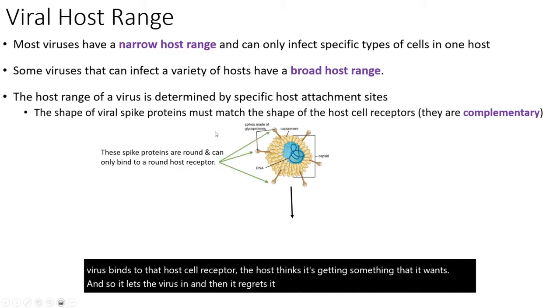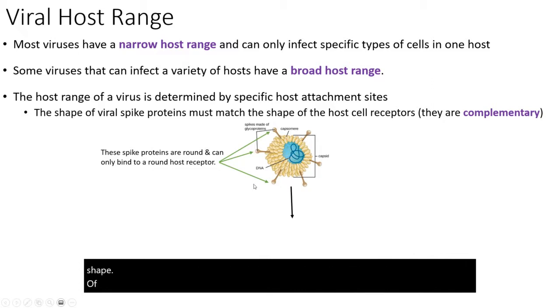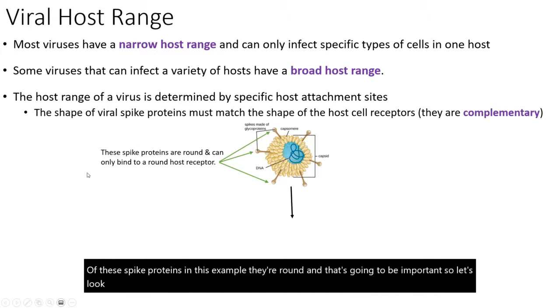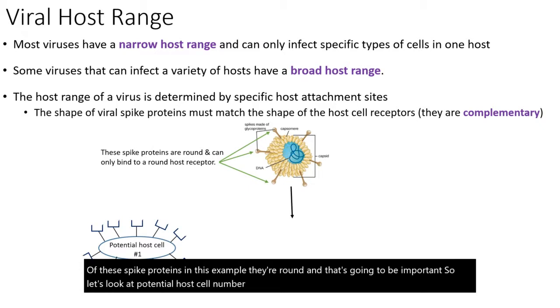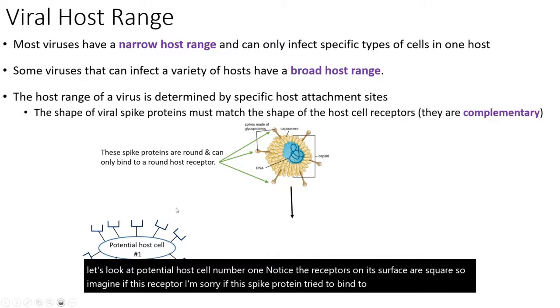So again, we're paying attention to the shape of these spike proteins. In this example, they're round, okay? And that's going to be important. So let's look at potential host cell number 1. Notice the receptors on its surface are square. Imagine if this spike protein tried to bind to this host receptor, it wouldn't fit, right?